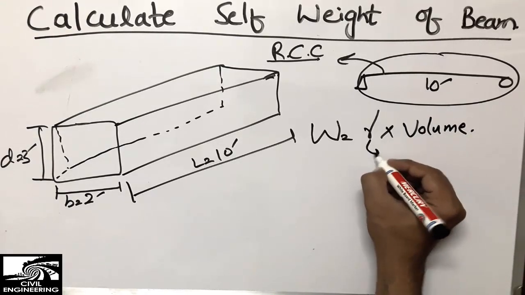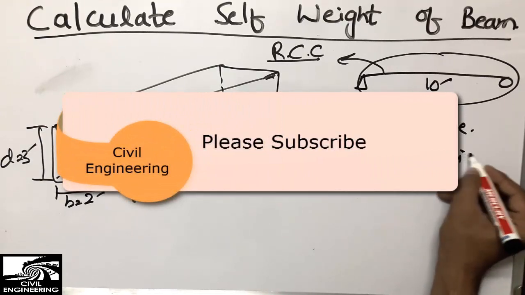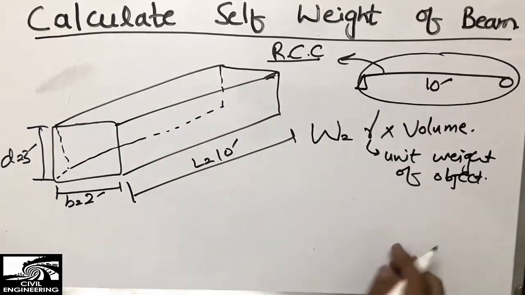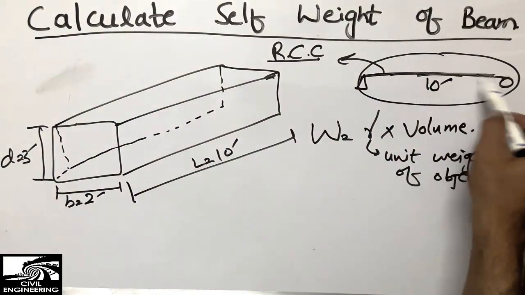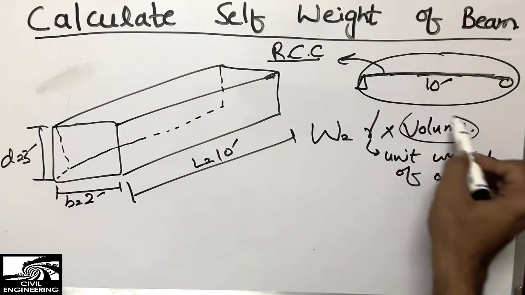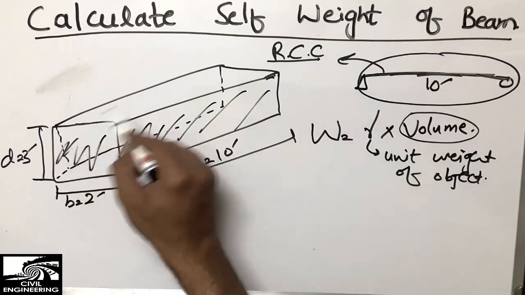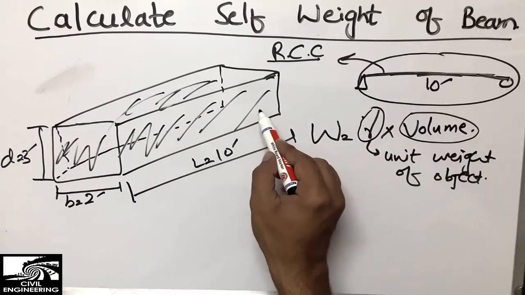So the unit weight is that of the reinforced concrete of which the material is composed, and this is the volume of the object.